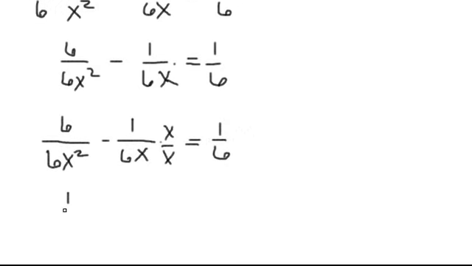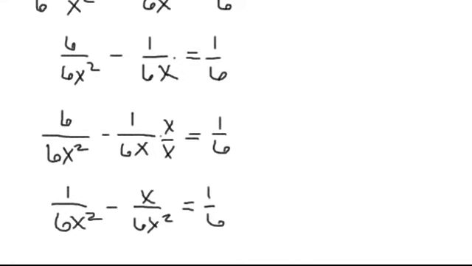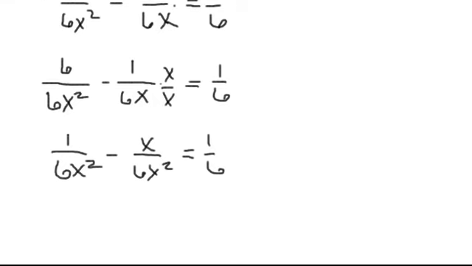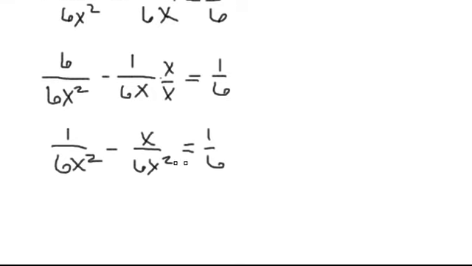And so now we have a common denominator: minus x over 6x squared is equal to 1/6. Now we can go ahead and join these together, and I think I'll just write that over here. So we have (1 minus x) over 6x squared is equal to 1/6.